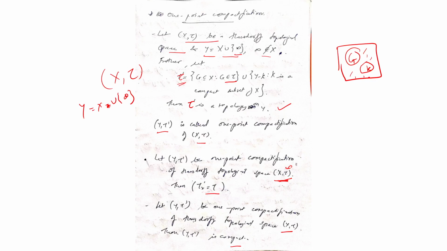Now, there were some results you might have gone through. For locally compact spaces, a characterization was discussed. Let X tau be a Hausdorff topological space.